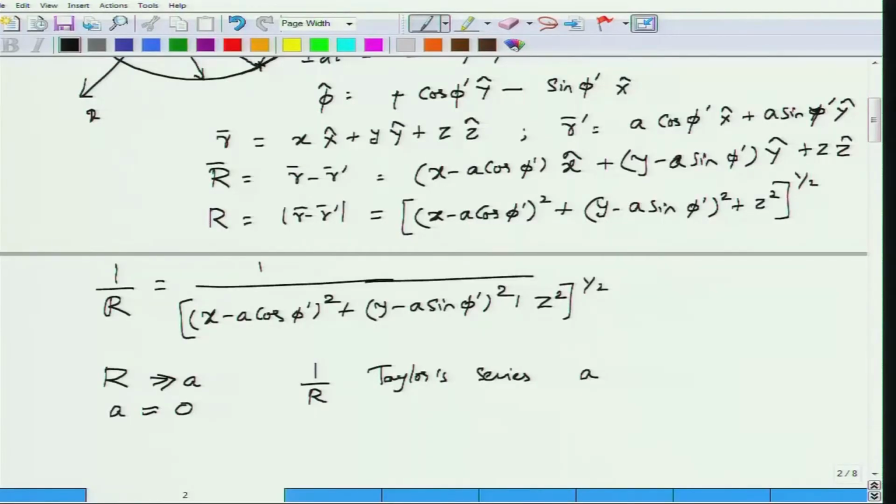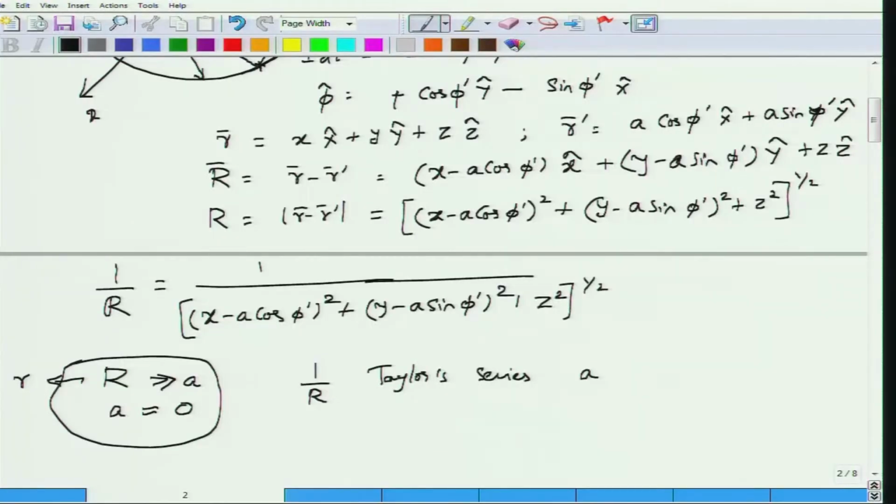I am justified in this assumption because I am observing this loop at a very far away distance, which means that my vector r is much larger than a. Of course, this also implies that the magnitude of the vector r itself is much larger than the loop radius a, and the loop radius a itself is very small. So if the loop radius is small and I am observing it from a far away distance, it makes a a very small value.